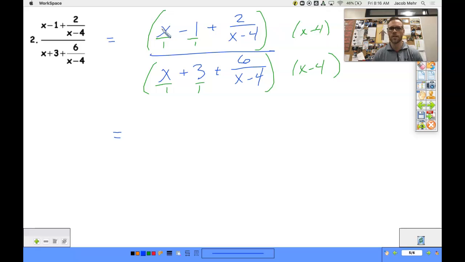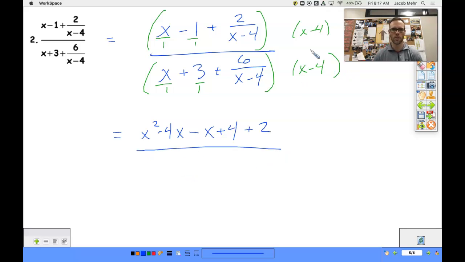x minus 4 times x: x squared minus 4x. Minus x minus 4 times negative 1. Minus x, don't forget to distribute the negative, plus 4. Now, what's x minus 4 times 2 over x minus 4? Well, there the x minus 4's would cancel, leaving us with just plus 2.